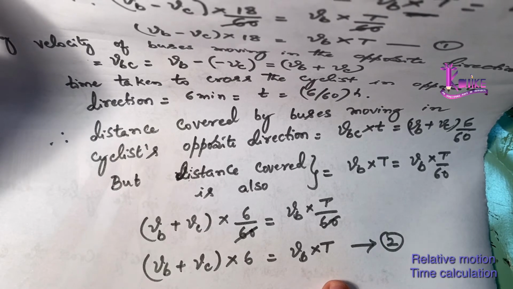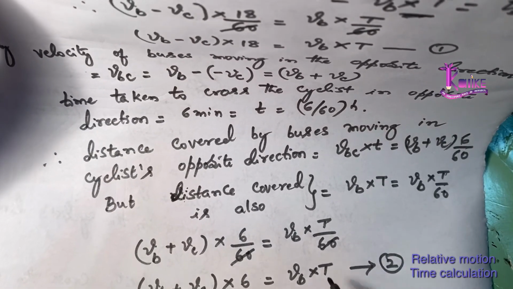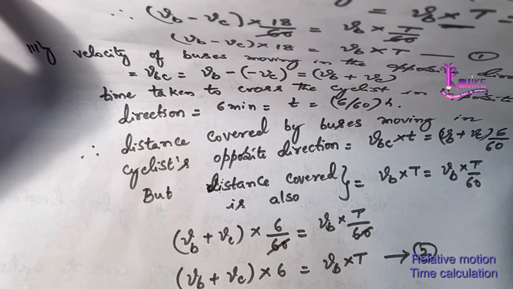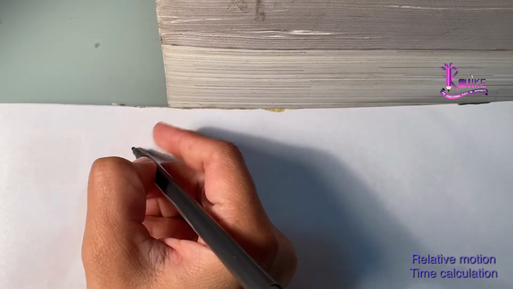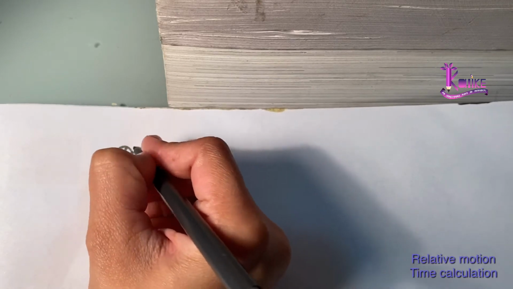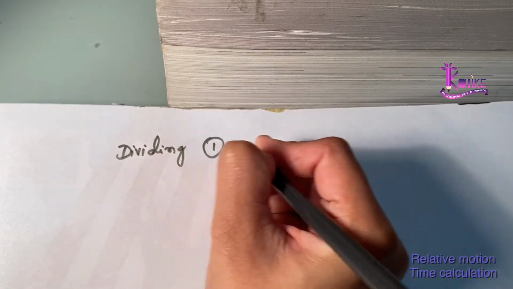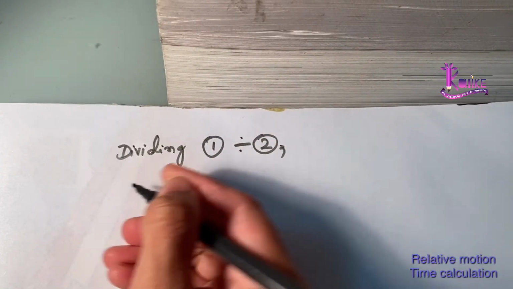So now you can eliminate the unknowns and find out some terms by dividing equation 1 by equation 2. Dividing equation 1 by 2, we get, what was equation 1?